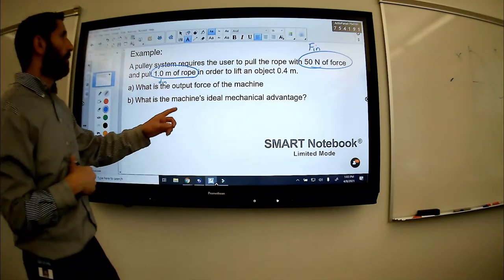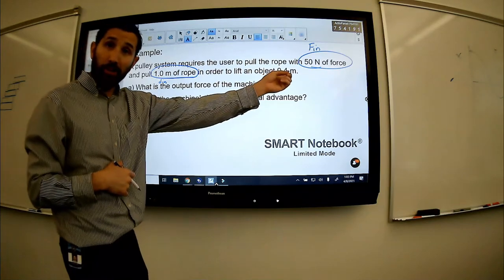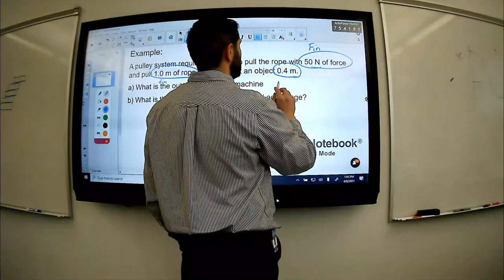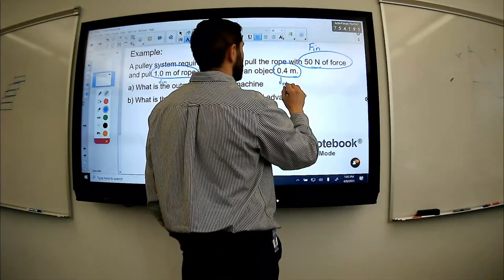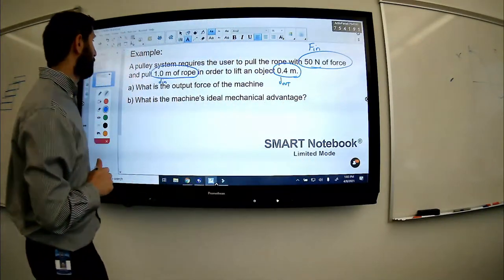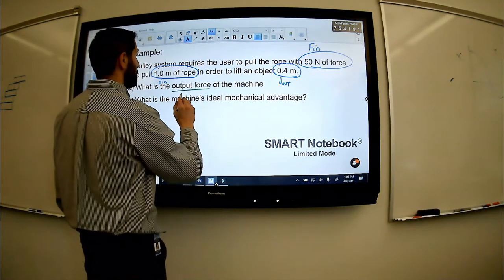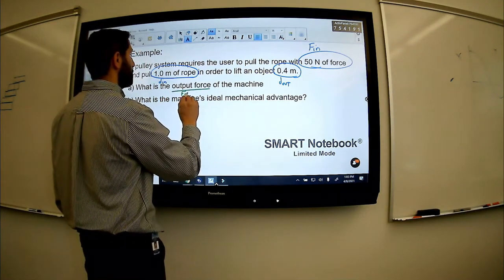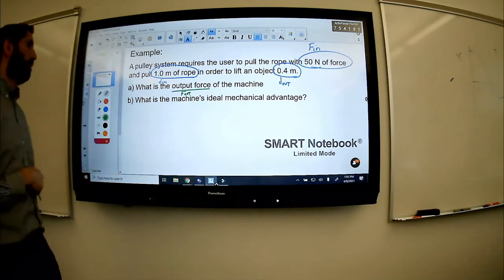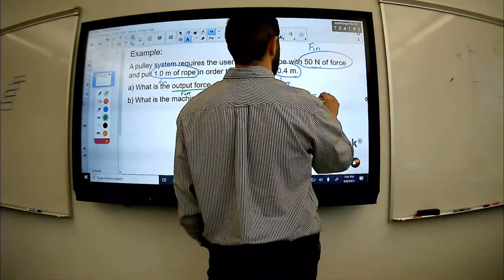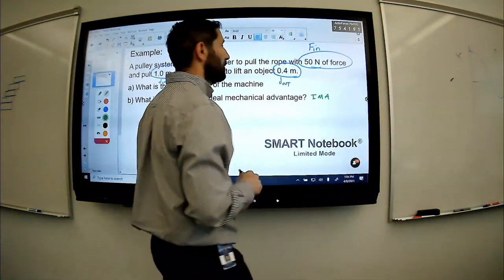And the pulley lifts the object 0.4 meters. This is the output distance. Call that D out. The question's asking, what's the output force? So that's F out. And what is the machine's ideal mechanical advantage? That's IMA.